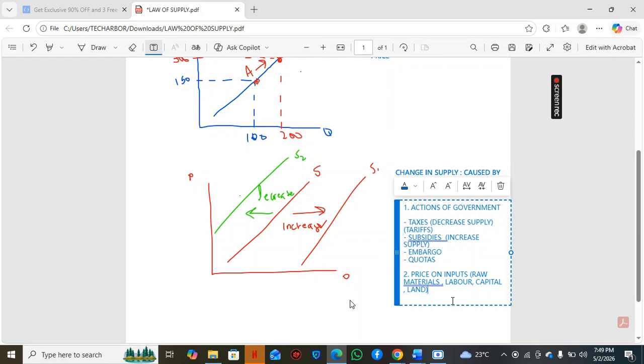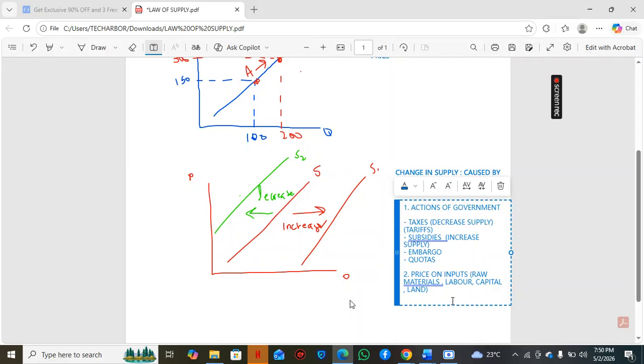If workers are asking for a raise and they want higher wages, remember labor is a very important and big cost to companies, right?